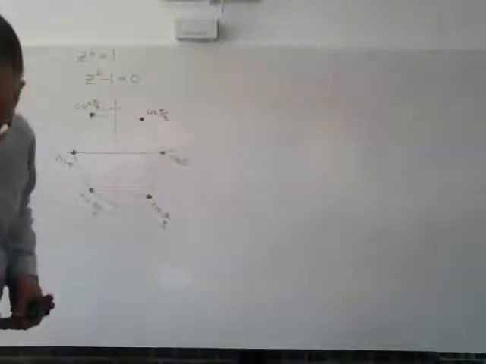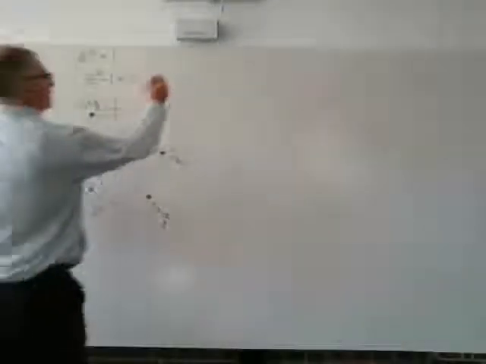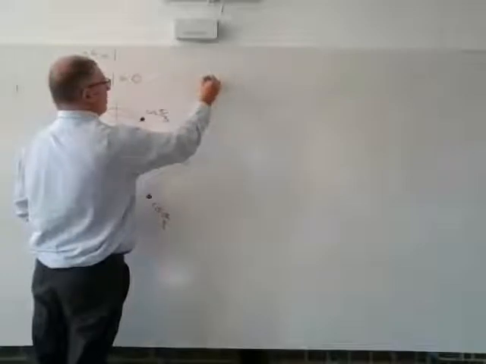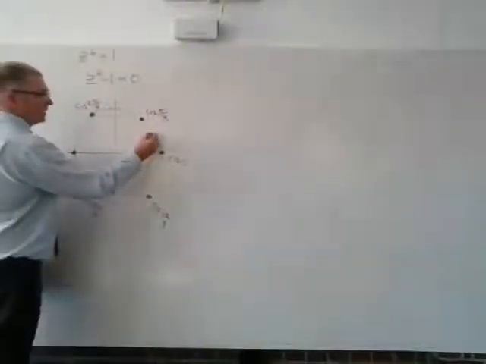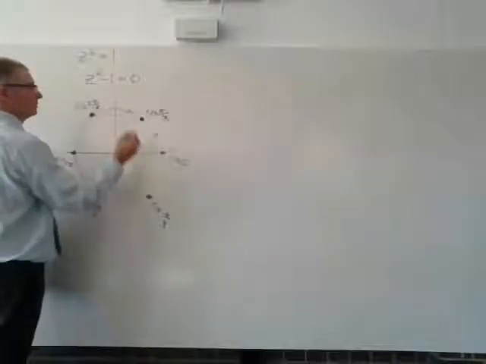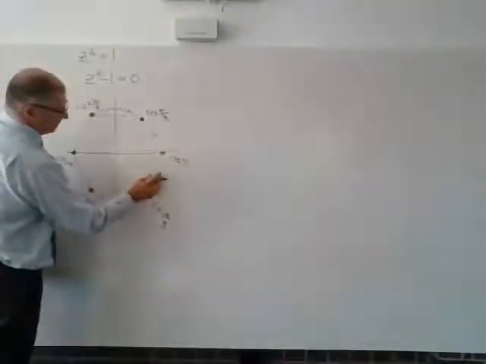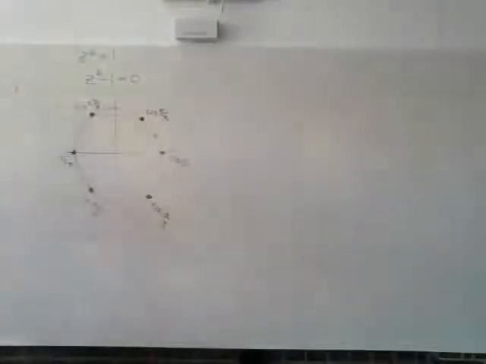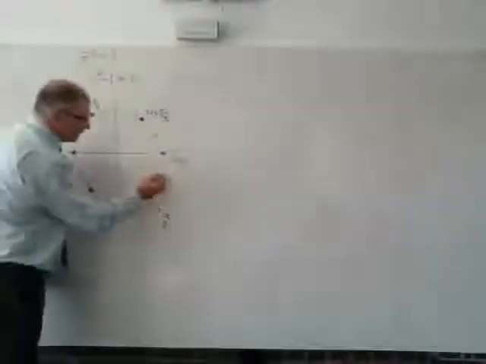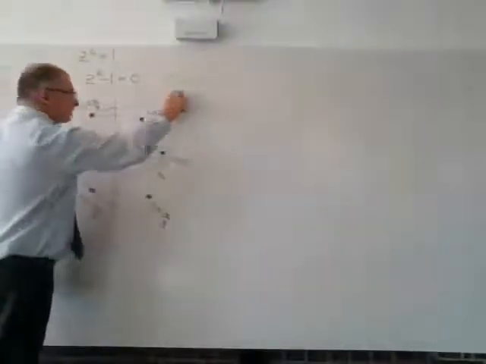And without having to draw the other one, z to the 6 plus 1 equals 0, we know they're going to be here. Yes, they are going to occur in conjugate pairs because that's a real polynomial.